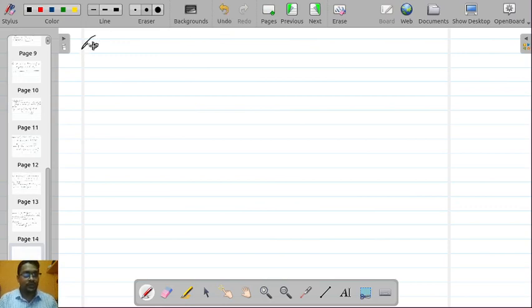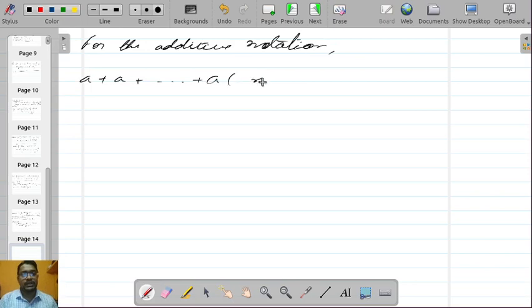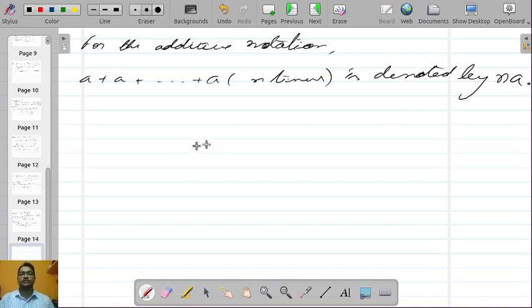Similarly, for the additive notation, a + a + ... + a, n times, is denoted by na.